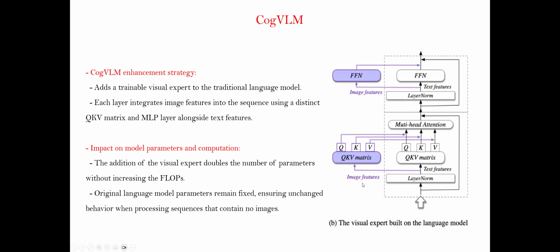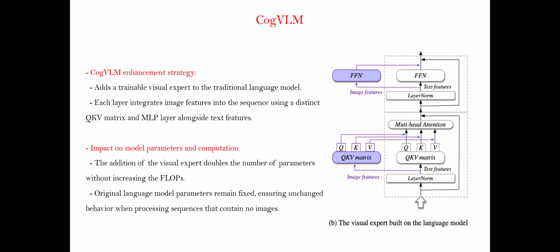It takes image features and passes them through additional QKV matrices, as well as additional FFN layers in the transformer block. So in each transformer layer, the image features in the sequence use a new QKV matrix and an additional MLP layer, separate from the text features.